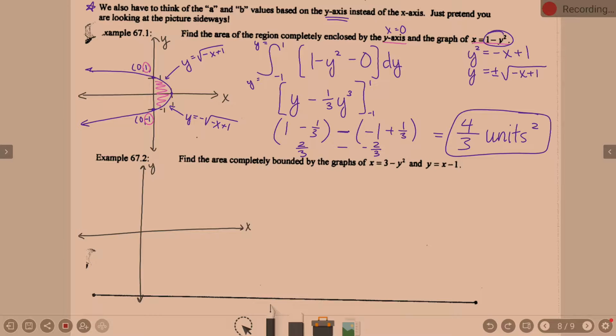Negative y squared says it opens left. Positive 3 says the vertex moves right 3. Or if I add y squared over and subtract x, y equals plus or minus the square root of 3 minus x, if you want to plug that into your calculator.